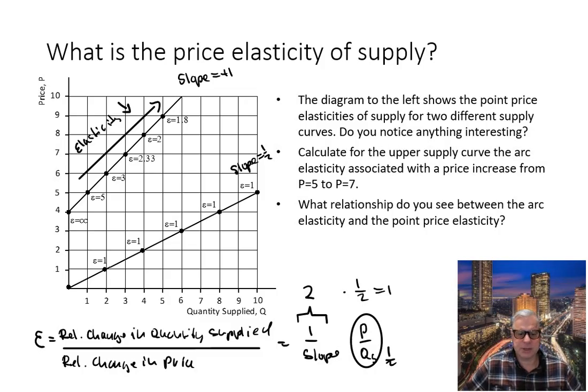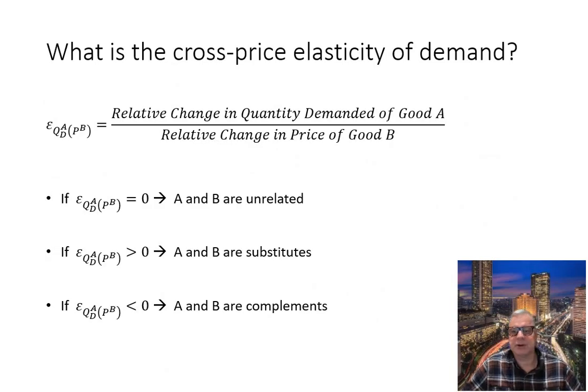Okay, so let's move next to a couple of other elasticities. There is also the cross-price elasticity of demand. The cross-price elasticity of demand captures the relative change in quantity demanded for good A over the relative change in price of good B. So let's think about two goods that are maybe substitutes.